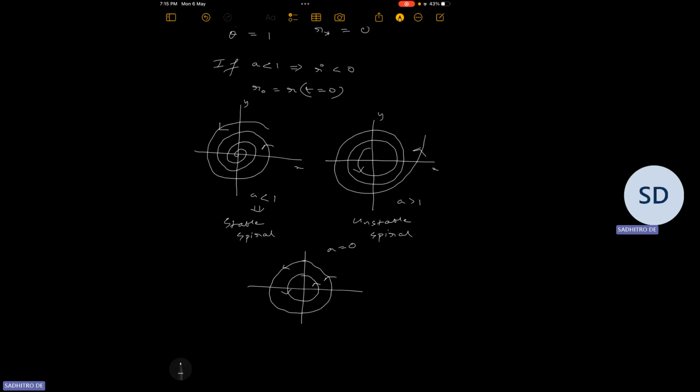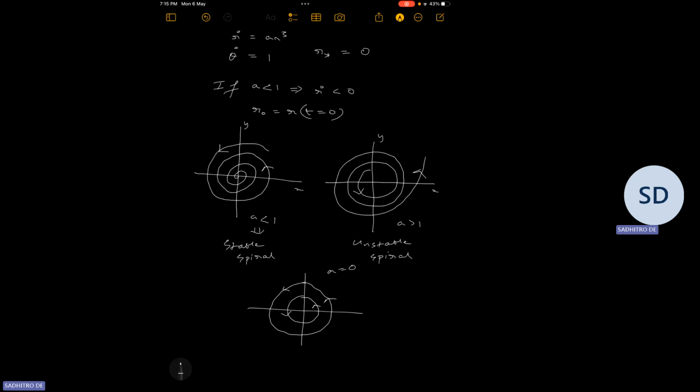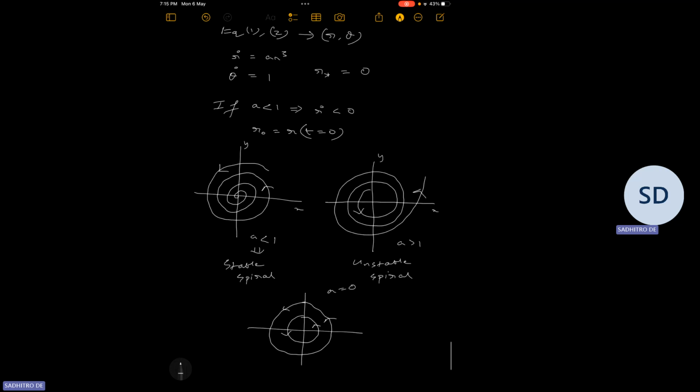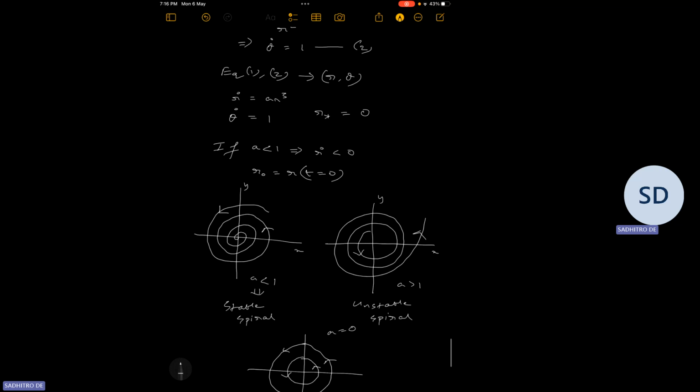So the spiral is stable when a is less than 0, and the spiral is unstable when a is greater than 0. And this happens because we now look at what happens away from the fixed point.